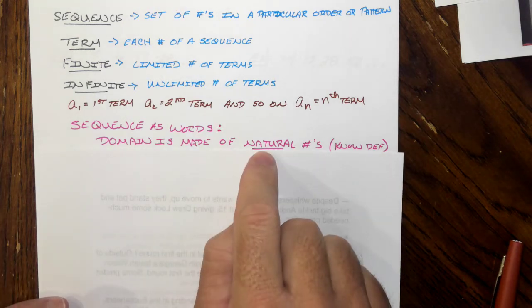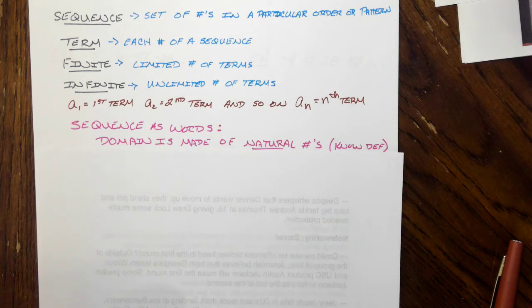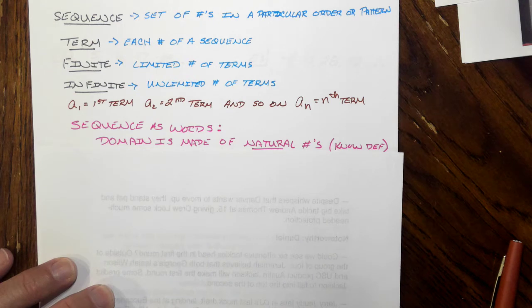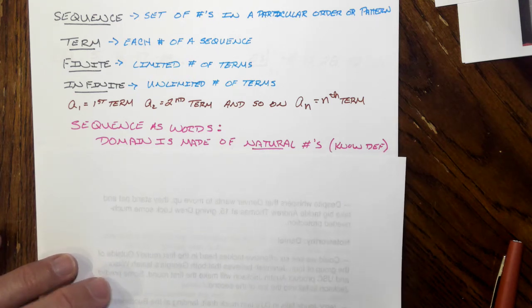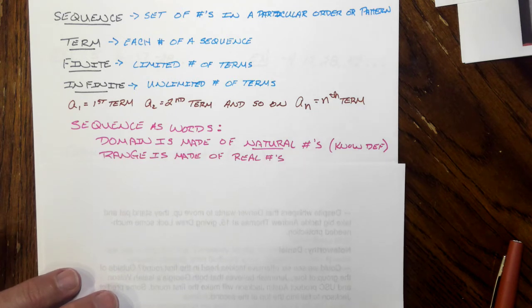That's a key ingredient. So make sure you know the definition of natural numbers, or review your definition of natural numbers. There's only a certain amount that you can choose from. So please be careful with that, because you'll be tested on whether you have a sequence or not based on that. Range is going to be made of real numbers.